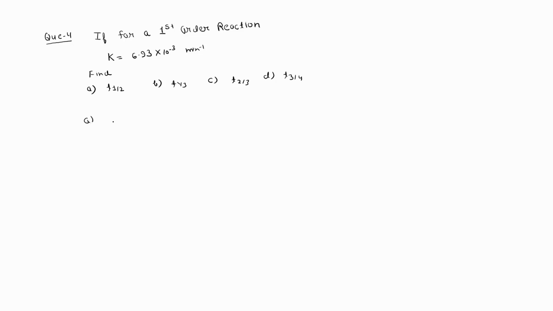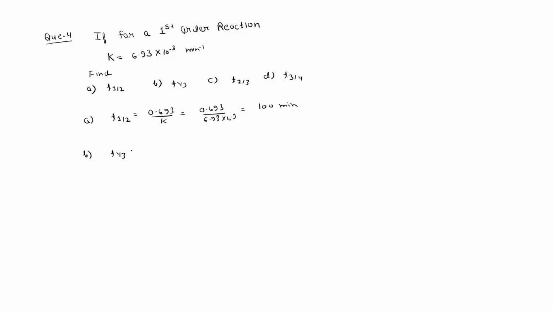So A, T half is 0.693 by K. So 0.693 by 6.93 into 10 to the power minus 3, which is equal to 10 to the power 2, 100 minutes. Then the B part is T 1 by 3.